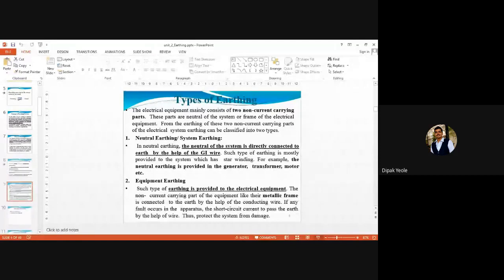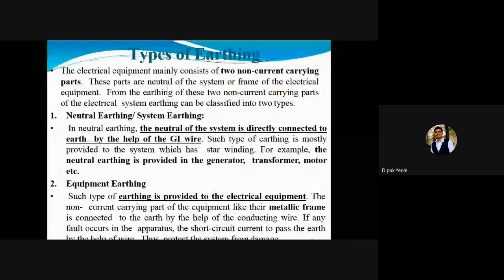Yes. Now we will go ahead. What is the next point? The next point is related to the equipment earthing. The name indicates itself. Such a type of earthing is provided to the electrical equipment. The non-current carrying part of equipment, like their metallic frame or enclosure, is connected to earth by the help of conducting wire.